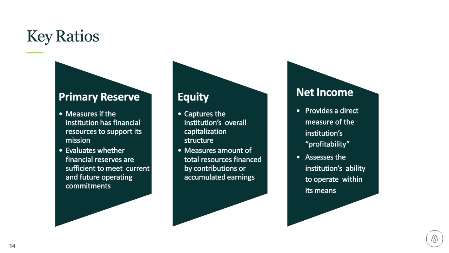The equity ratio measures the amount of total resources financed by contributions and accumulated earnings. And lastly, the net income ratio measures the institution's profitability. It determines whether or not the institution has the ability to manage its resources and is operating within its means.